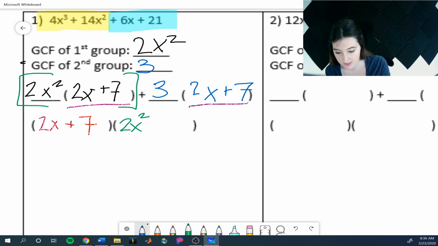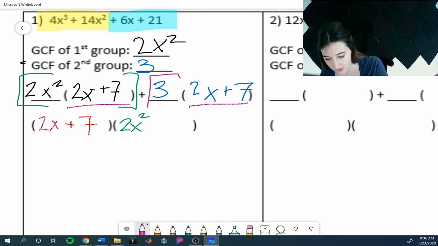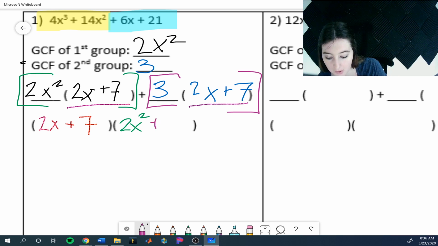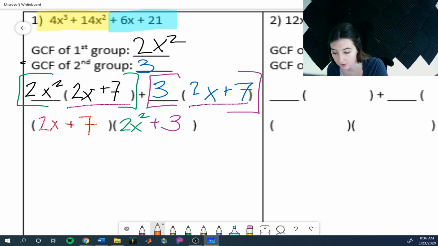And then if I take, I'm going to change this color again, 2x plus 7 and divide it out of here, what do I have left? A positive 3. There we go. So this tells me that when I factor by grouping, this is my answer: 2x plus 7 times 2x squared plus 3.